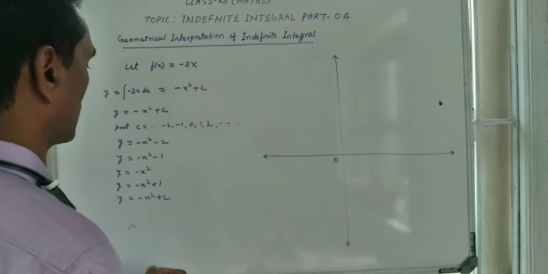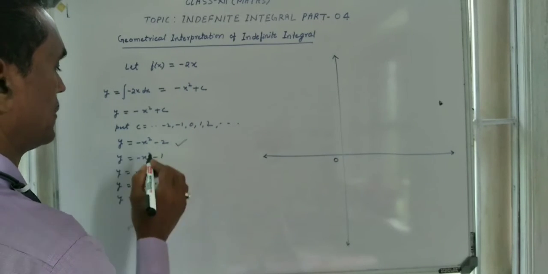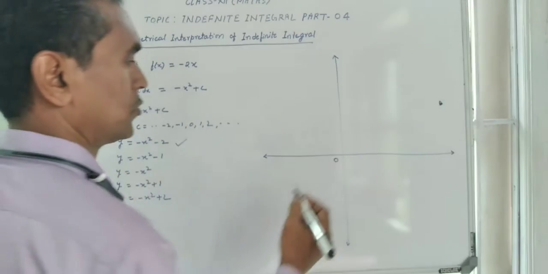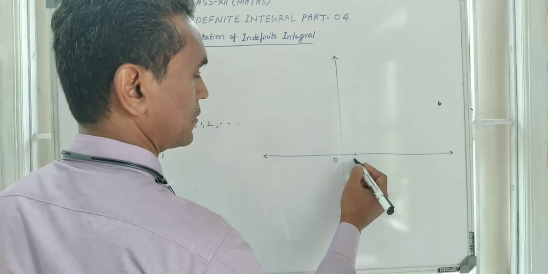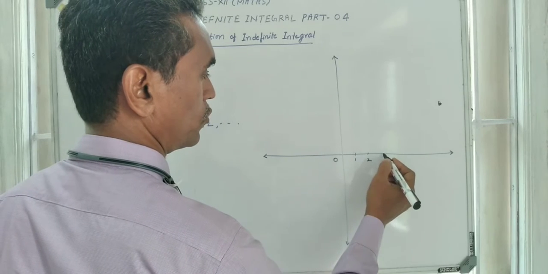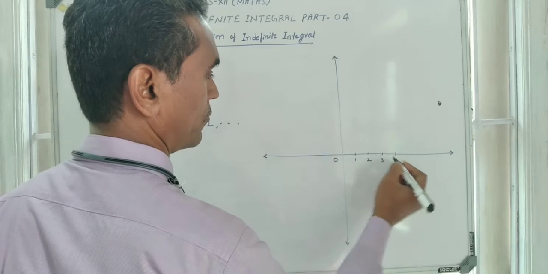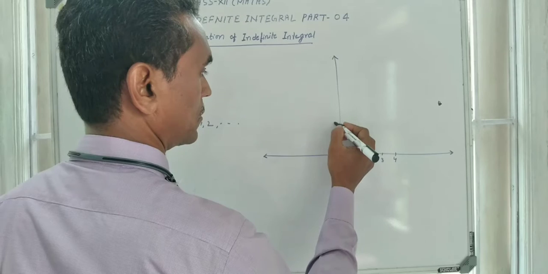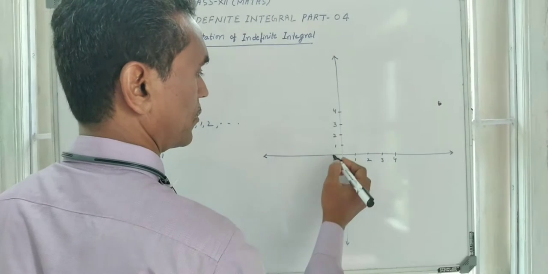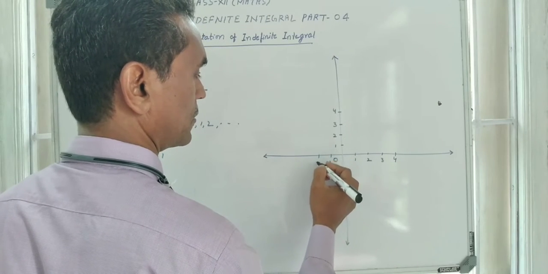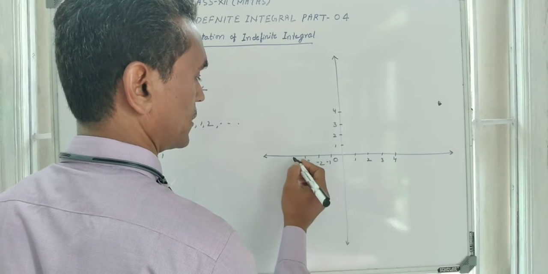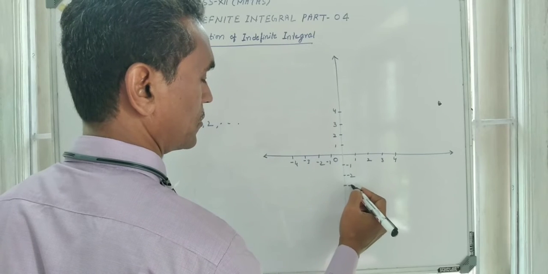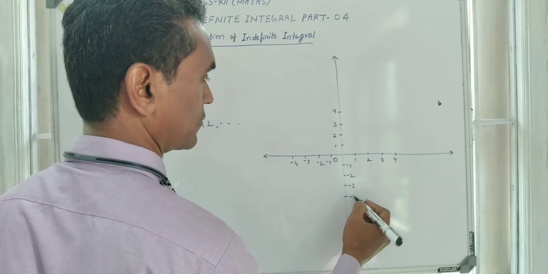Now consider the first function. Its maximum value will be minus 2. So mark here 1, 2, 3, 4, minus 1, minus 2, minus 3, and minus 4 on both axes.